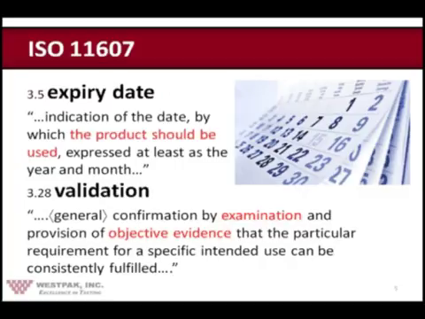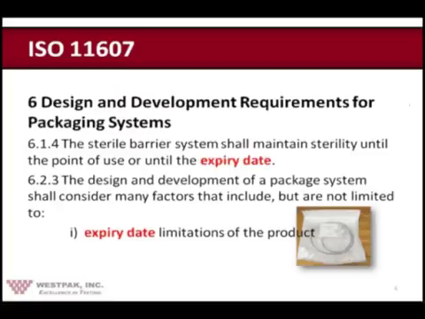So that's the verbiage from 11607, but not all of it. The document treats storage and transit conditions in the same general heading and formats. Notice the document does not define the required storage conditions, only that the storage conditions be defined by the developer of the product.